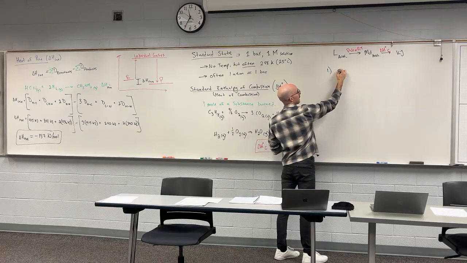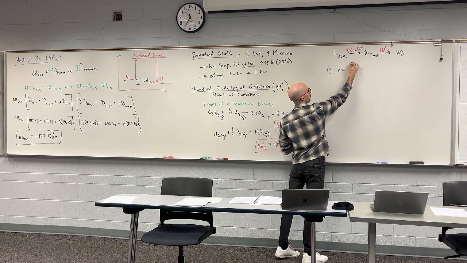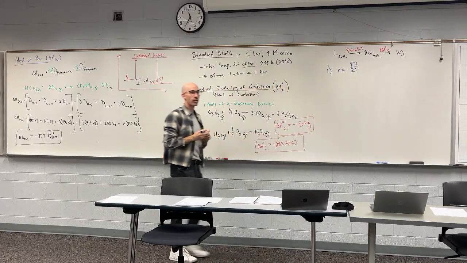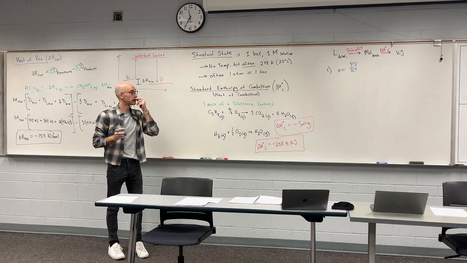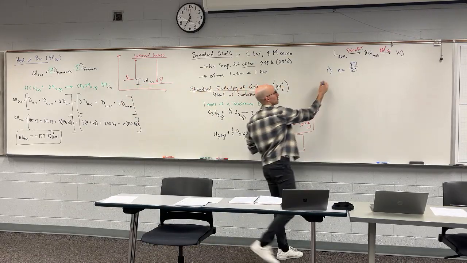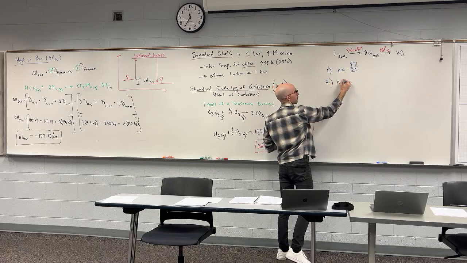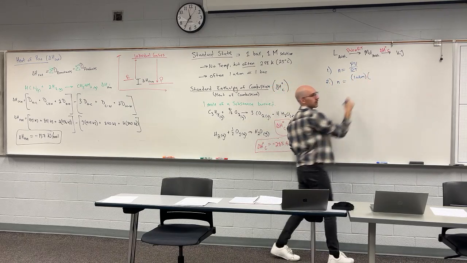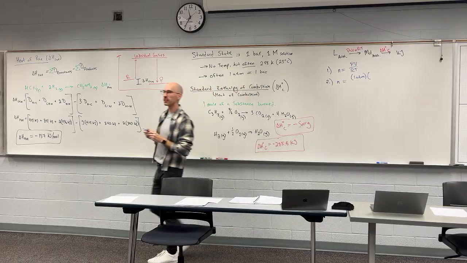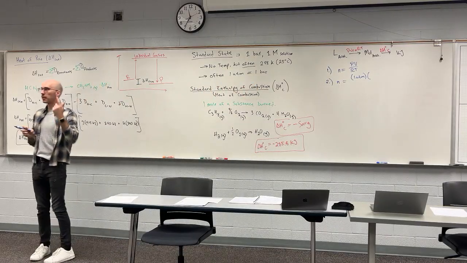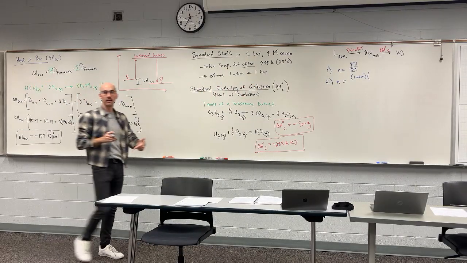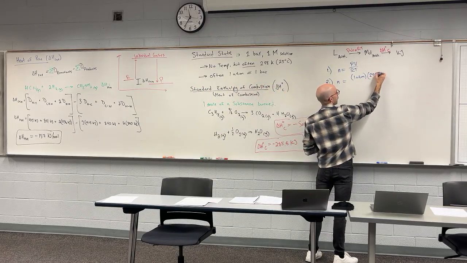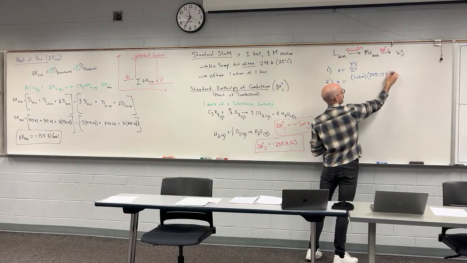First, I need to solve for the number of moles given that I know the pressure, the volume, and the temperature. The number of moles of acetylene is 1 atmosphere, 22 degrees Celsius plus 273 gives me 295.15 Kelvin.